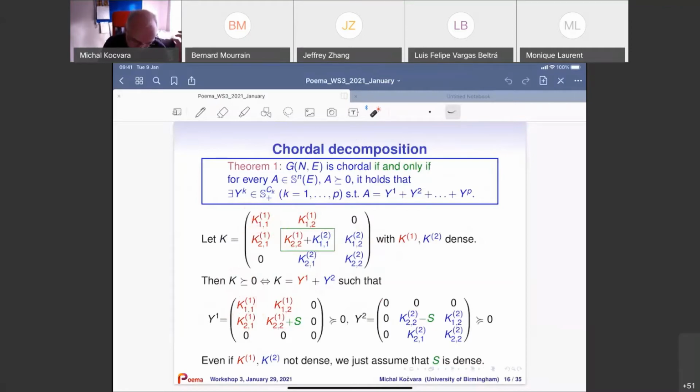The same for this matrix. So the only unknown part of the matrix Y1, for which we know that it exists, is this part on the overlap of these two dense submatrices.